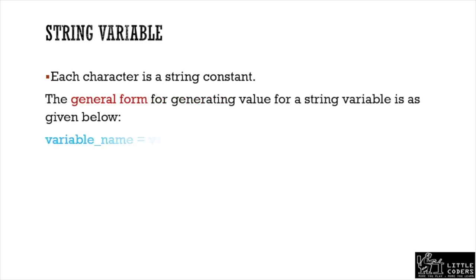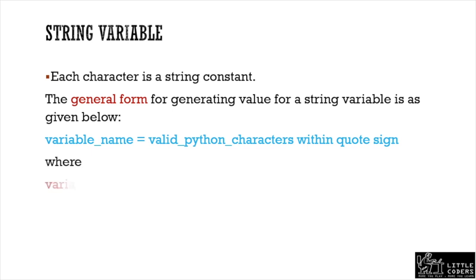Each character is a string constant. Now the general form of generating a value for a string variable is given below. That is, variable name is equal to valid Python characters within quote signs. Now we know how to do the assignment statement: variable name is equal to some expression. Here the expression is nothing but a single value which is represented within quote signs.